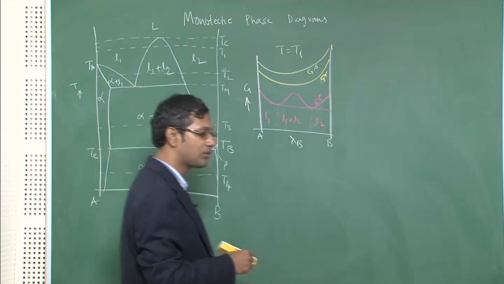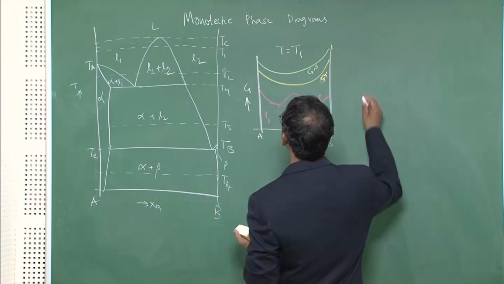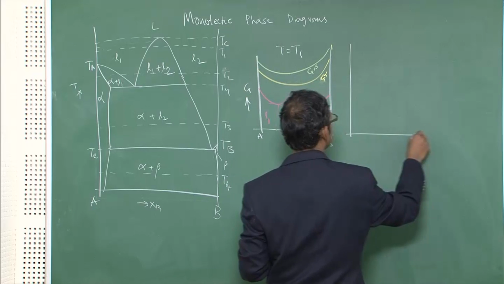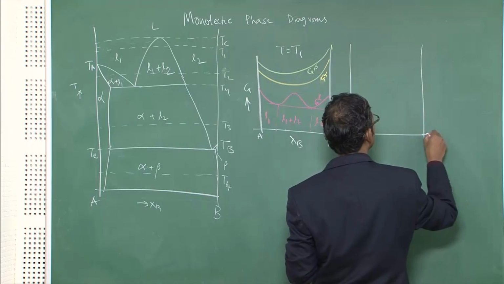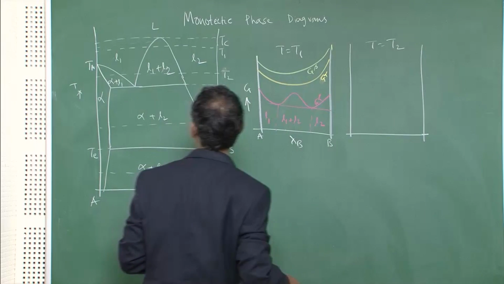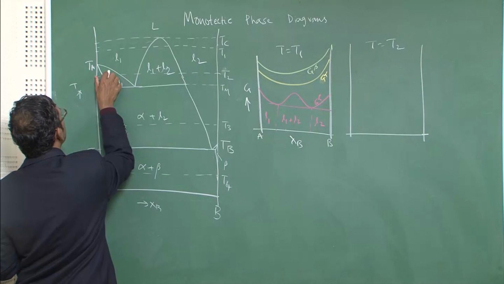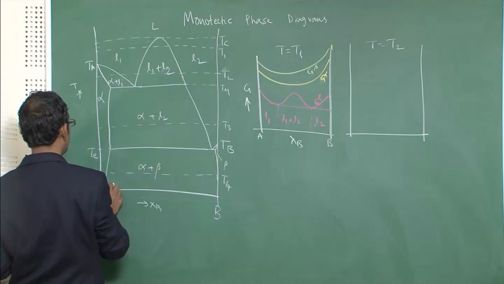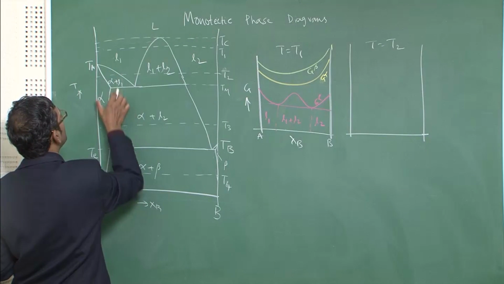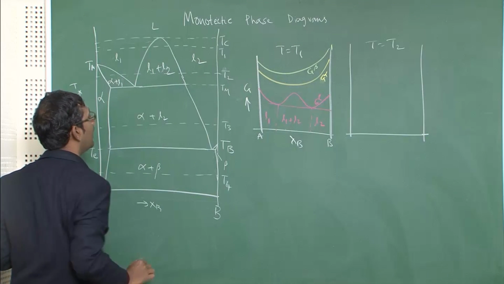Now, let us draw it at temperature T2. At temperature T2, alpha is stable for a small composition range at the A rich end, then alpha plus liquid, and then L1, L1 plus L2, and L2.